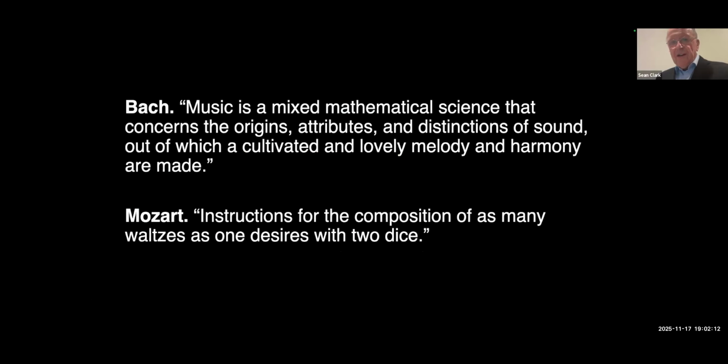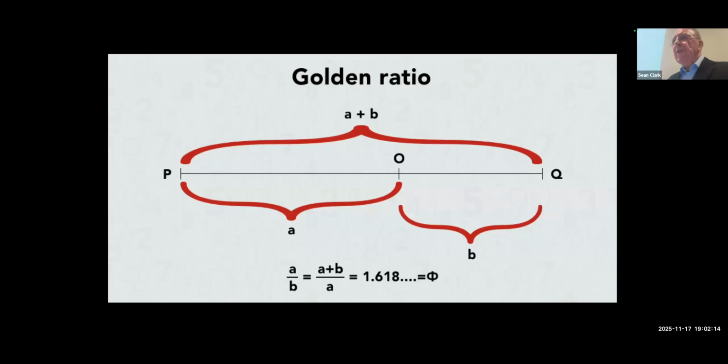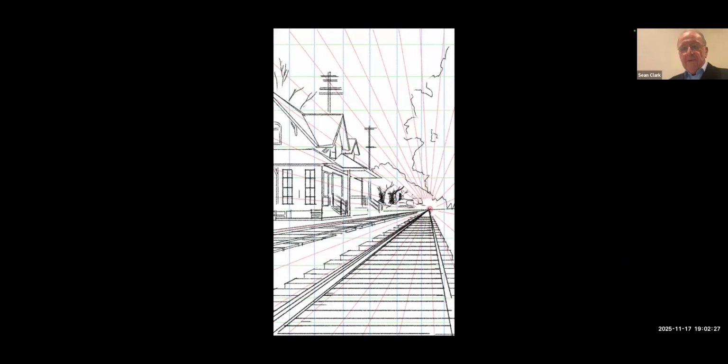In the visual arts, most people will have learnt at school about the golden ratio, which has been used in visual art for a very, very long time. It's a mathematical device for producing certain kinds of harmony. Perspective, of course, is a widely used mathematical method for generating the structure of many artworks, especially in Renaissance times and after that.